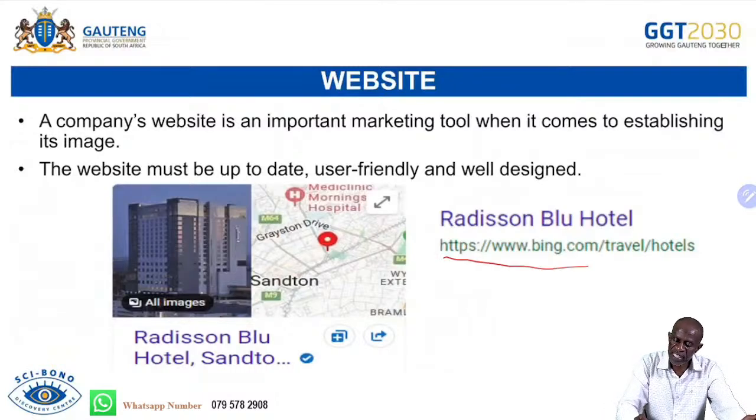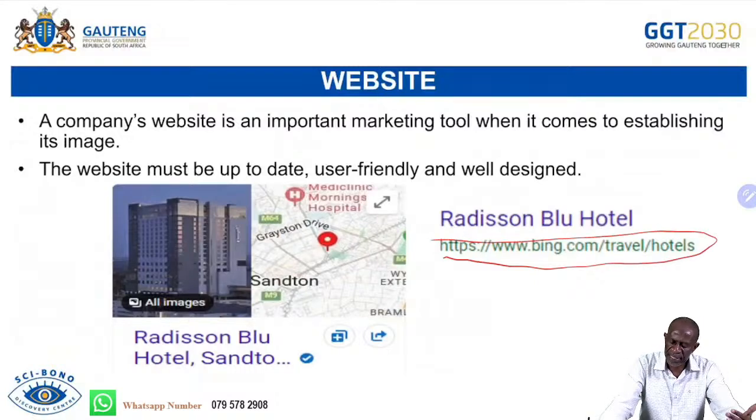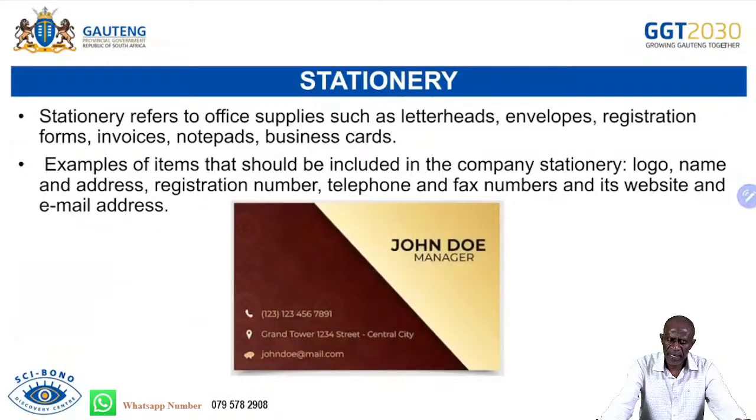An example here is that of a hotel, the Radisson Blue Hotel in Sandton. This is its website. If you visit this website, you'll see the standard of rooms on offer, the standard of services that are provided, as well as the prices or the rates, as well as other people's experience in the form of reviews.